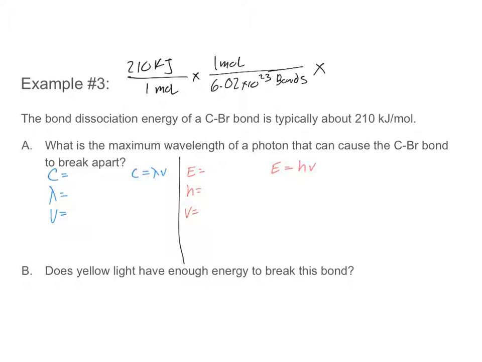And then I'm going to go and convert that to joules. So 1,000 joules is equal to 1 kilojoule. And I get something like 3.5 times 10 to the minus 19 joules. So now that 3.5 times 10 to the minus 19 joules is the energy required to break apart the bonds. So I'm going to put that here.